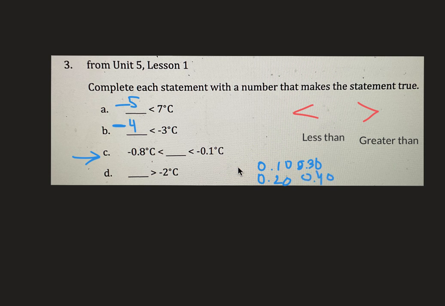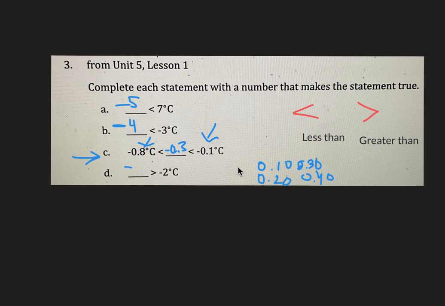In the negatives, imagine you owe somebody like change or something like that. So what's in between -0.1 and -0.8? It could be -0.2, -0.3, -0.4, -0.5, -0.6, -0.7. I'm going to say -0.3.